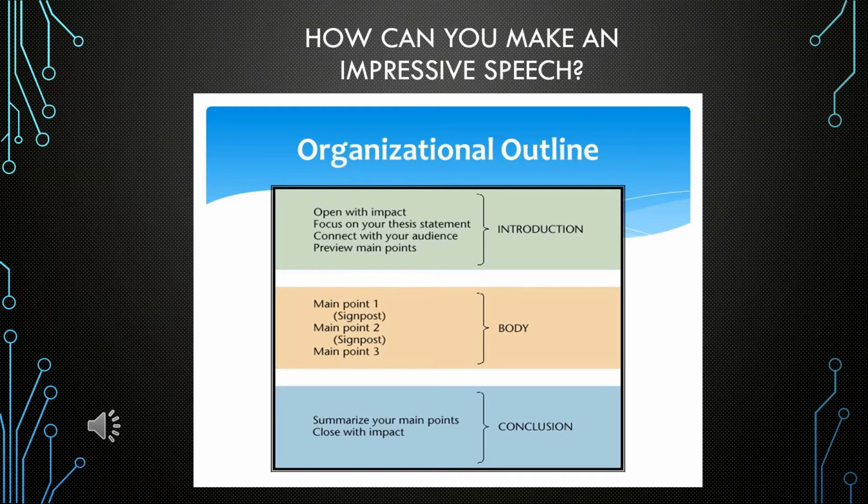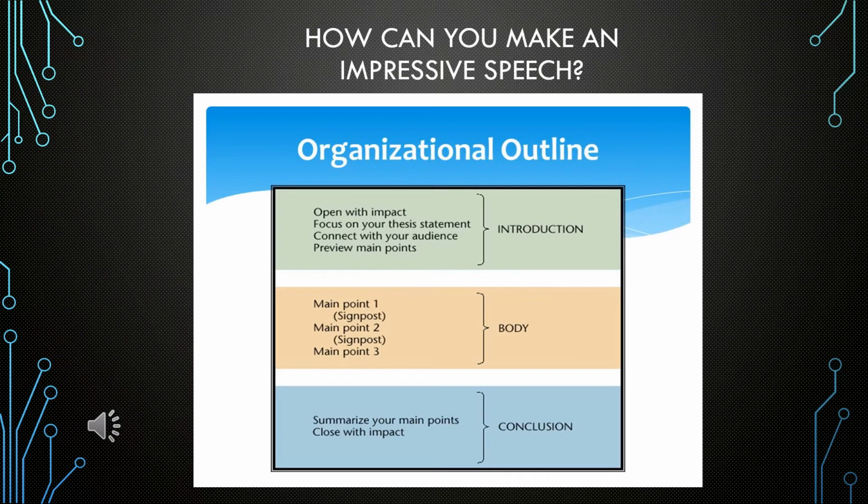Well, do you know that when we are giving a speech, we should give an impressive speech? But do you know how you can make an impressive speech here? Before we give a speech, we need to have an outline.